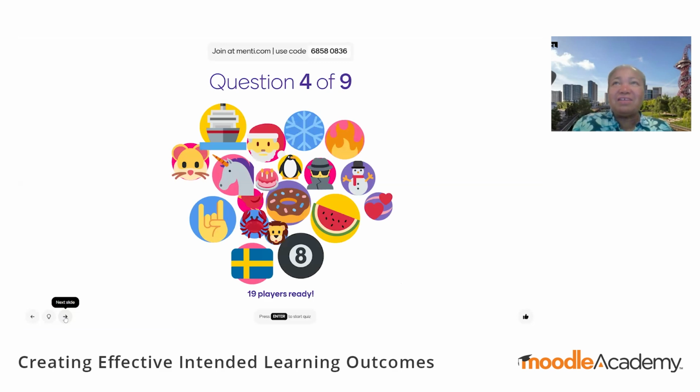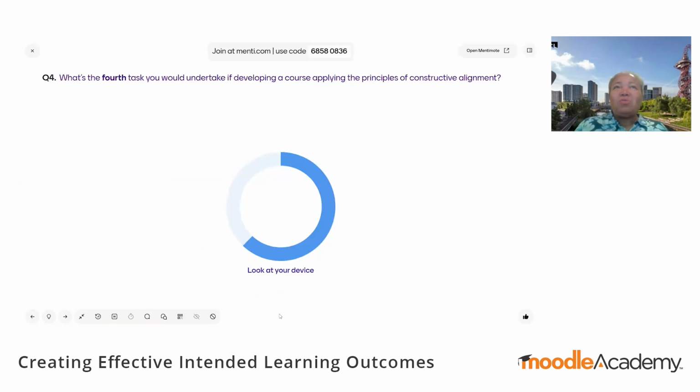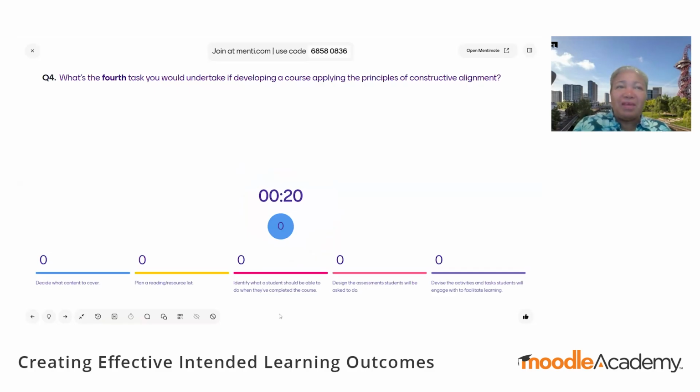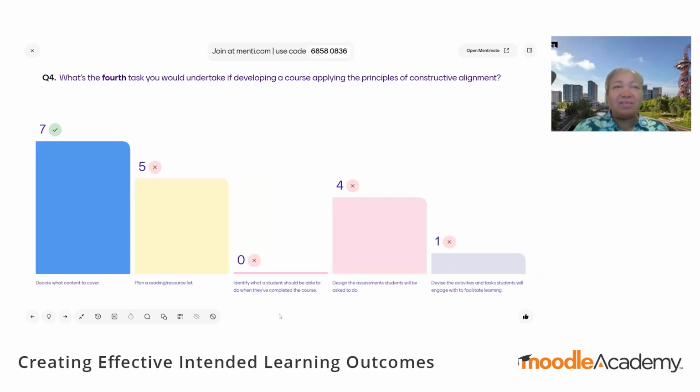Final slide. What's the fourth task you would do? Decide what content to cover, plan a reading or resource list, identify what a student would be able to do when they've completed the course, design assessments, design activities. Right. Okay.